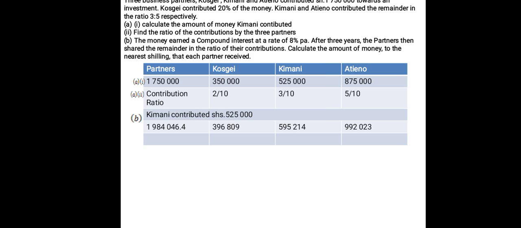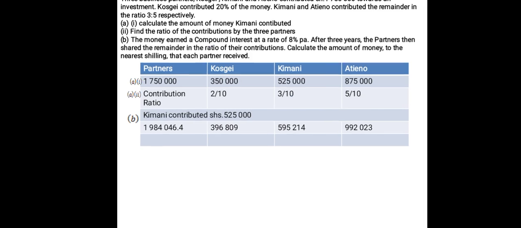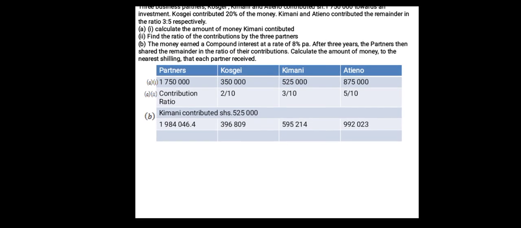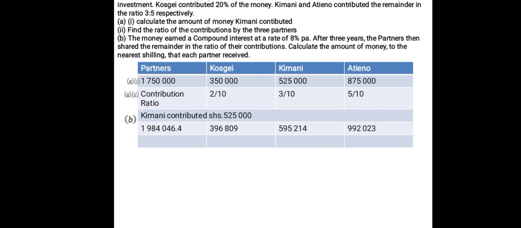And then part 2, find the ratio of contributions of the three partners. And then B, the money earned compound interest at the rate of 10% per annum after 3 years. The partners then share the remainder in the ratio of their contribution. Calculate the amount of money to the nearest shilling that each partner received.